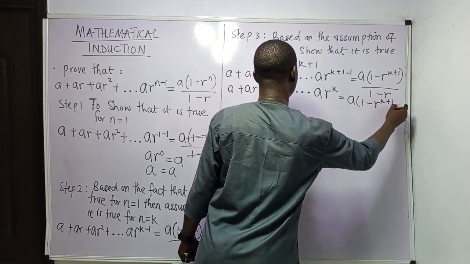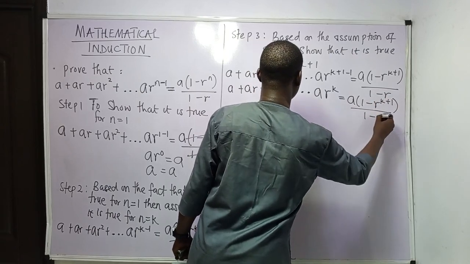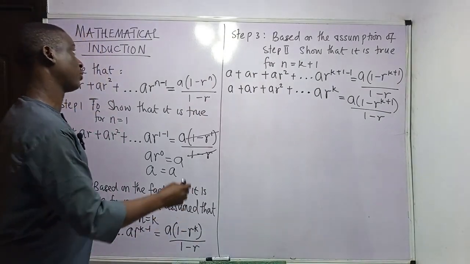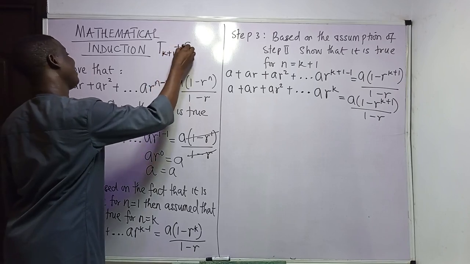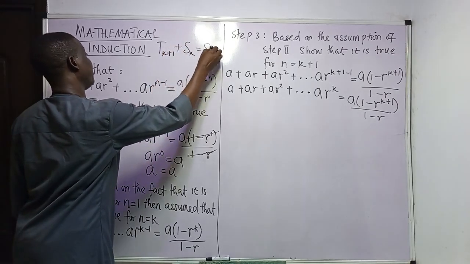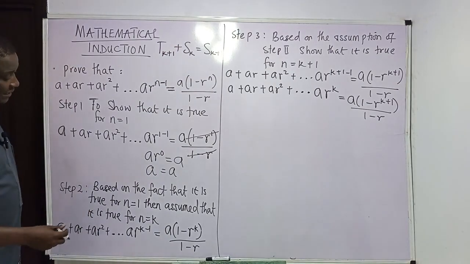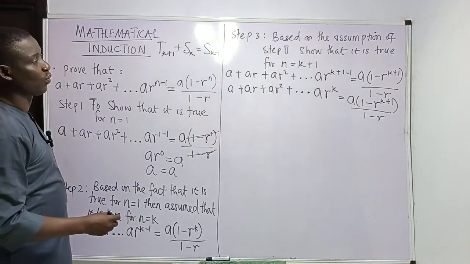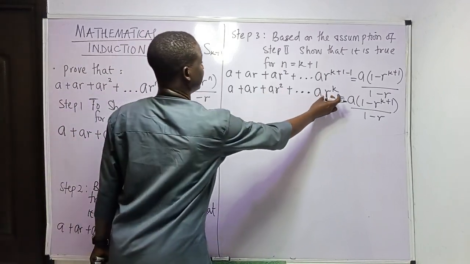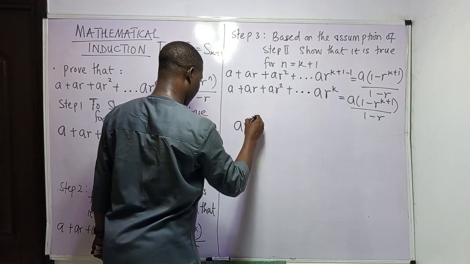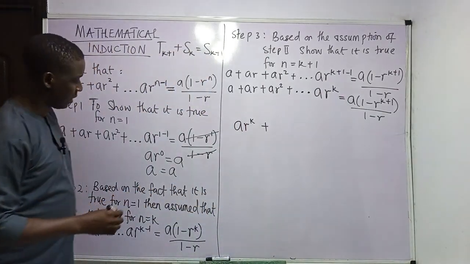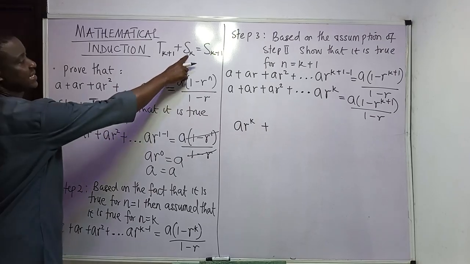To finalize our solution, we use our last step. I told you t(k+1) plus s(k) is equal to s(k+1). Where is t(k+1)? t(k+1) is this one, the term ar^k. Now what is our s(k)?